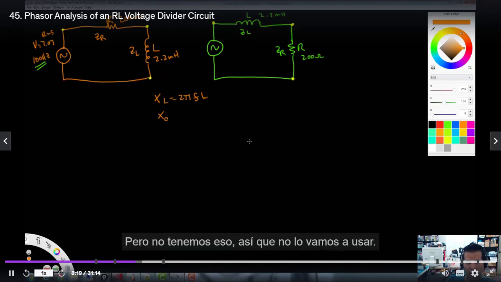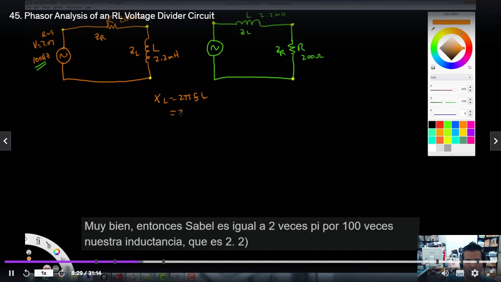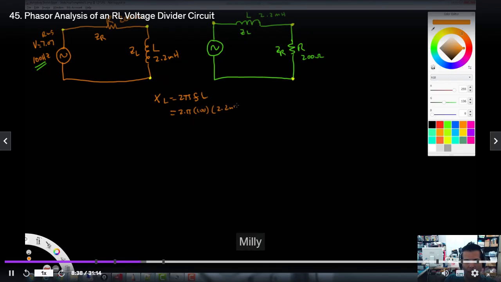But we don't have that, so we're not going to use it. We don't have any capacitors. All right, so it's 2 pi f L, and our frequency is 100 hertz here. So X sub L equals 2 times pi times 100 times our inductance, which is 2.2 millihenries.